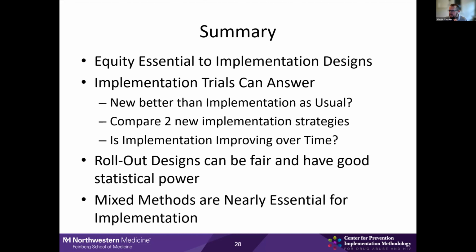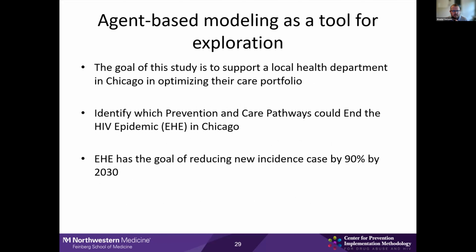Thank you, Hendrix. So Hendrix asked me to talk a little bit about some of our new methods of exploring different strategies and targets using agent-based modeling. Just to give you a little bit of context, I'm going to be talking about an agent-based modeling project that was built to support a local health department in Chicago to optimize their care portfolio specifically related to HIV.